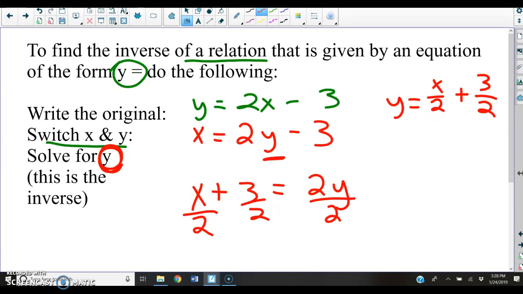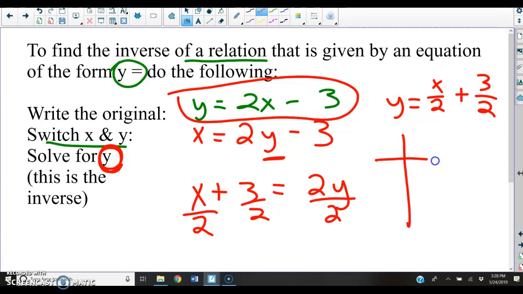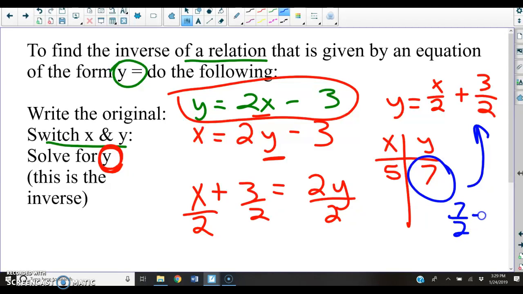And that's the inverse. So now if I put the number 5 in for x in my original, that'd be 10 minus 3, I'll get 7 for y. Now when I put it into the inverse, I need to put the y in here. So I would have 7 over 2 plus 3 over 2. That will be 10 over 2. And you guys are all smart.